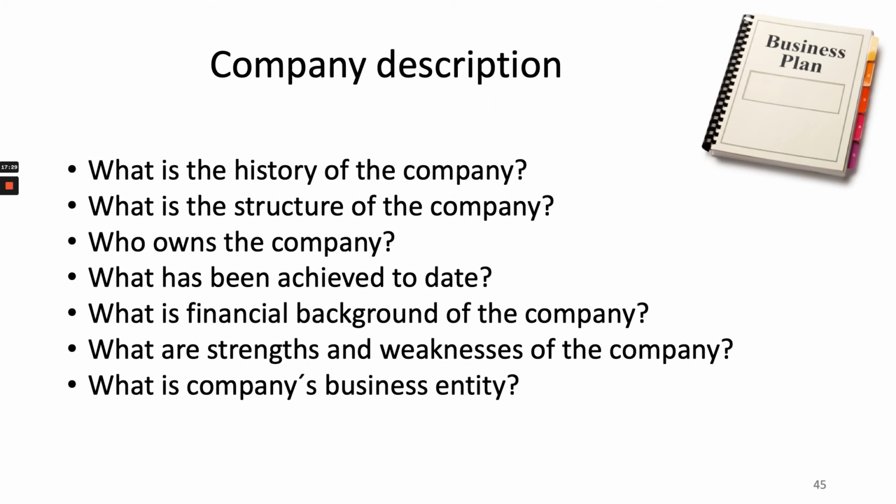For the company description, you should answer questions like, what is the history of the company? What is the structure? Who owns the company? What has been achieved to date? Financial background, and so on. So all information about the team. If you're a company of two, you have to show yourself and your colleague, why you are the best candidates to actually make this company a success.